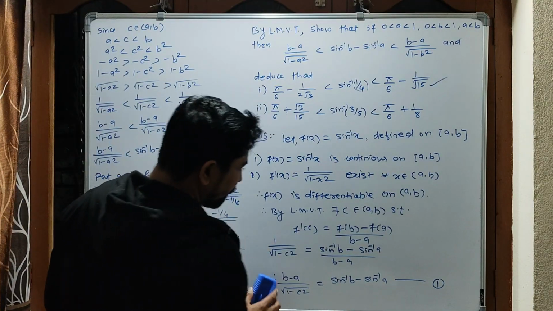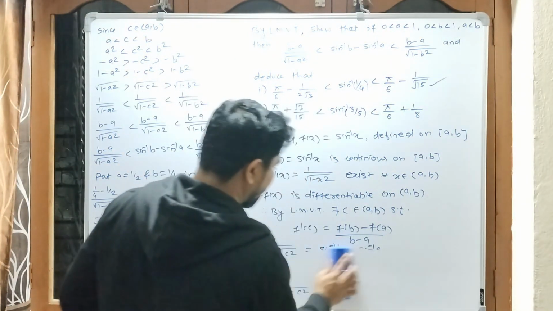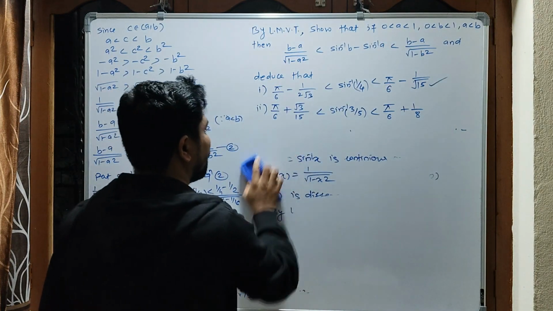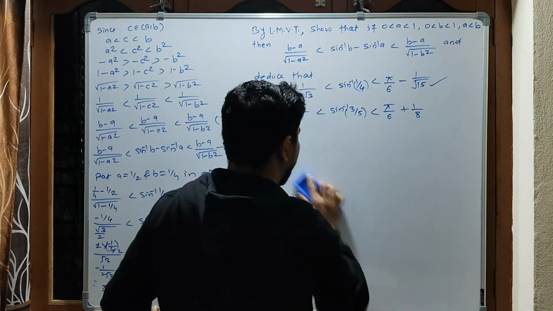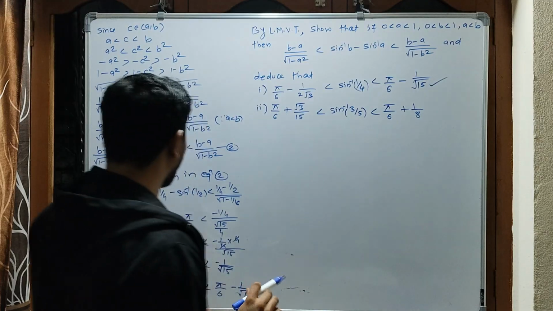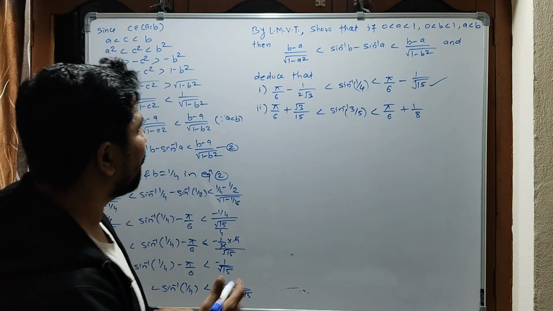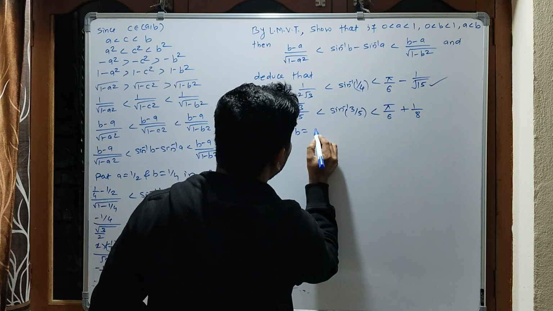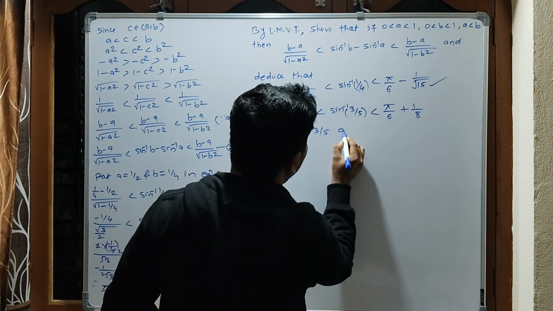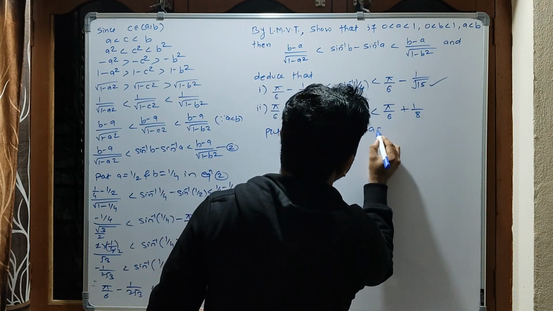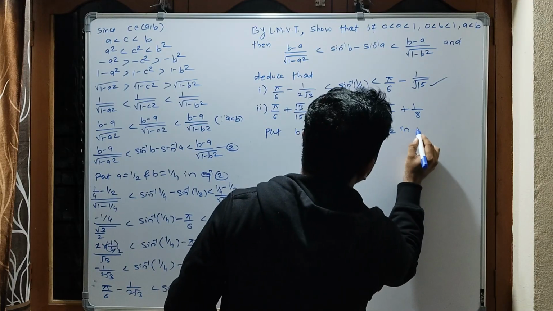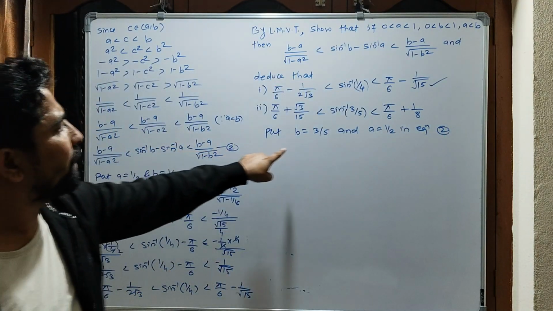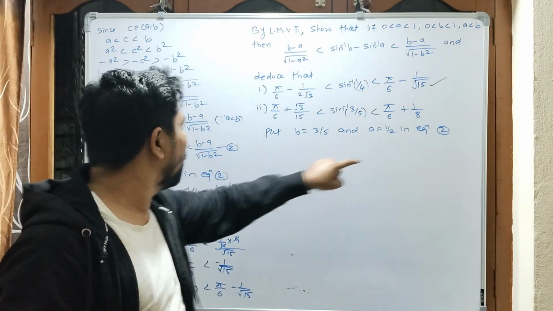Now here, just put b equal to 3 by 5 and a equal to 1 by 2 in equation 2. Here in this equation just put b equal to 3 by 5 and a equal to 1 by 2.